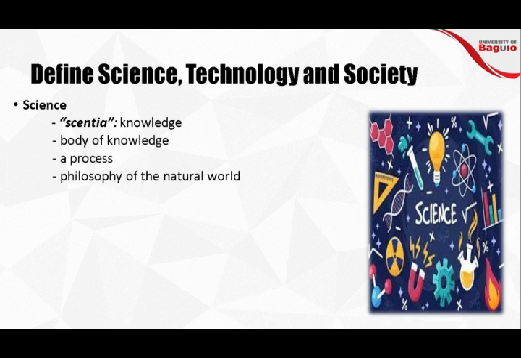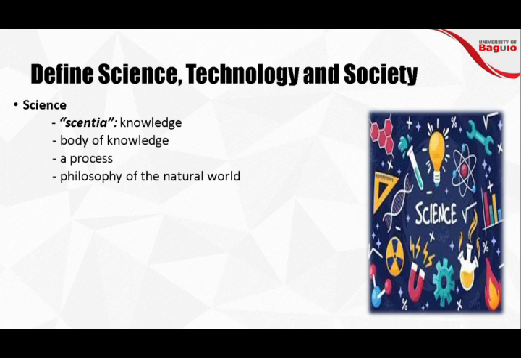Because philosophy is the study of wisdom. So there is knowledge, and there is also wisdom. So what does it mean? We discover the truth behind material things. Yes, we do have these natural phenomena, but what is the truth behind them?